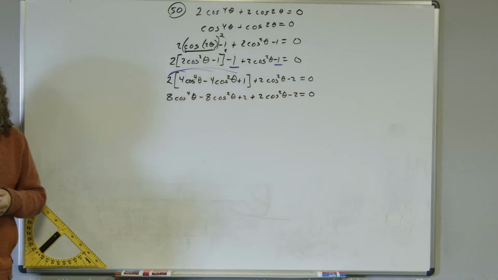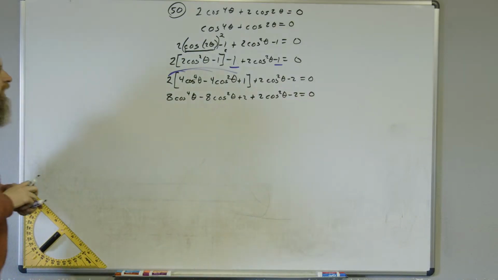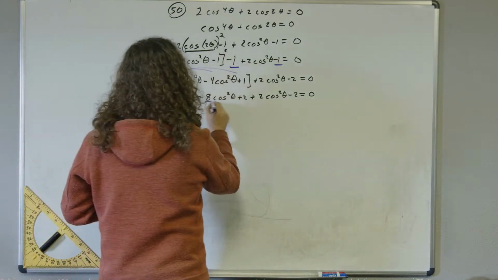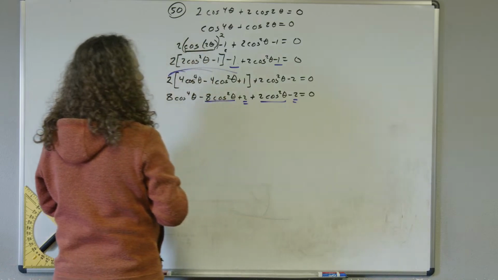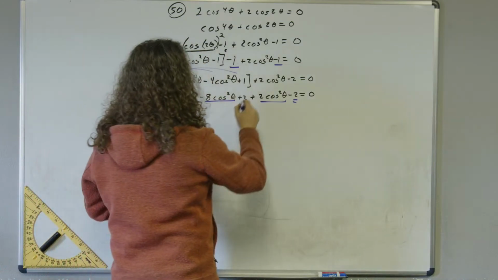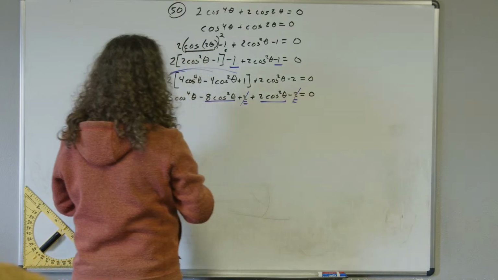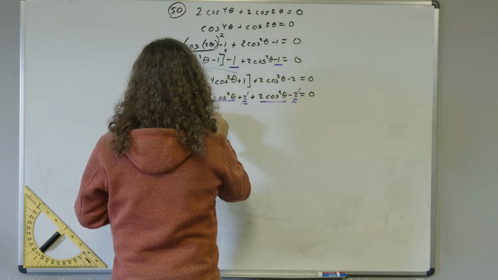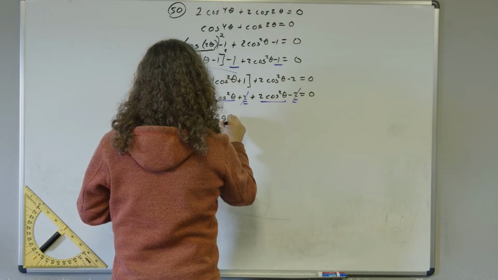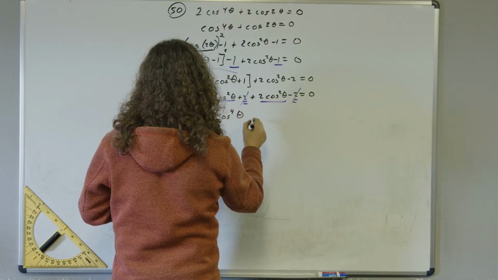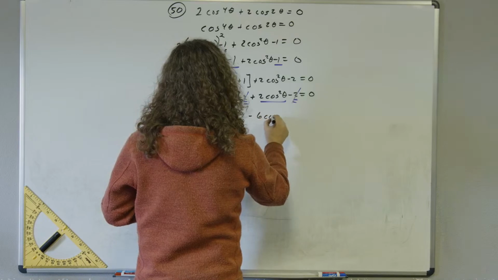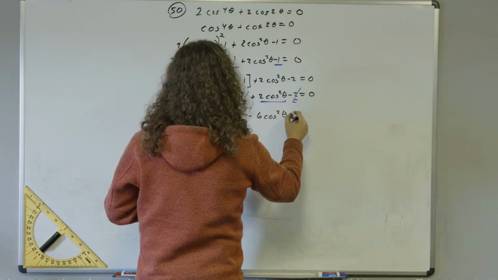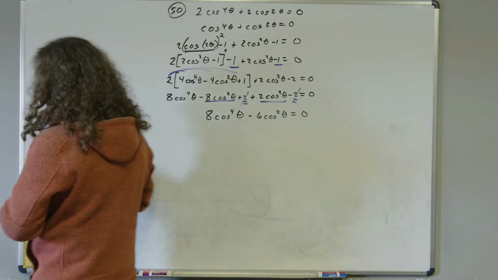Now what? Like terms. There's some right here and right here. Luckily for us, those poof away, and we're left with 8 cosine to the 4th theta minus 6 cosine squared theta equals 0.